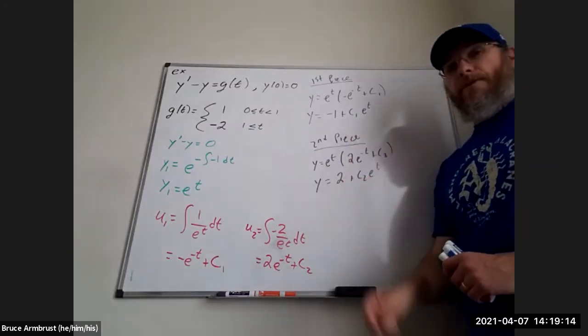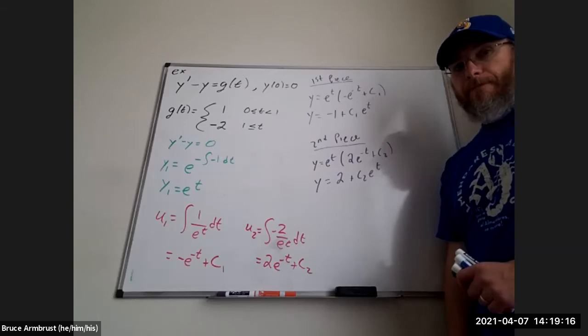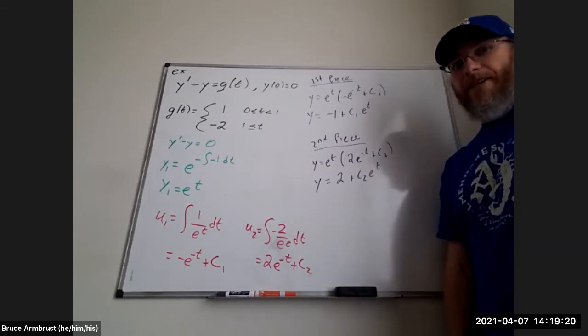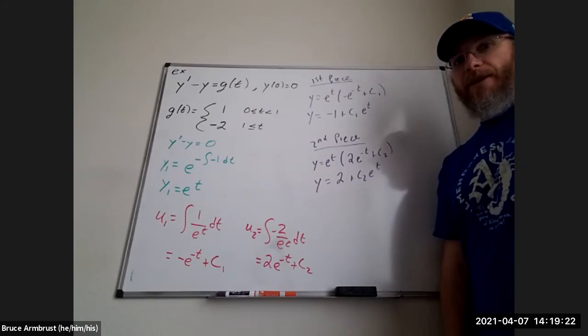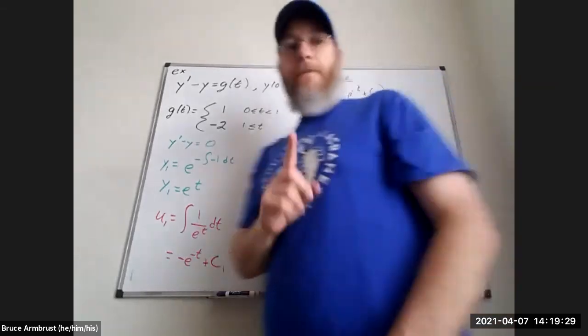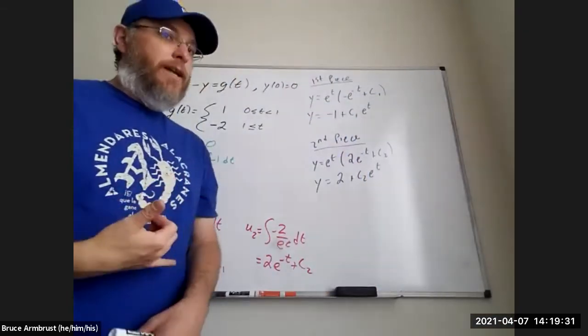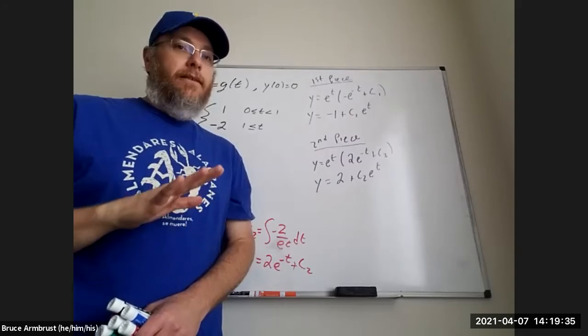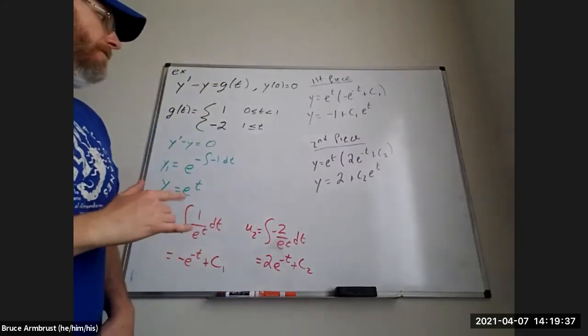There's C1 and C2. Do I have enough information to get 2 unknowns? No. I've got 1 piece of information, and 1 piece of information is going to get us at least 1 unknown. So let's start with that. Let's start with y of 0 equals 0.